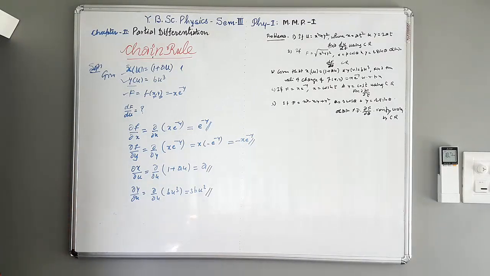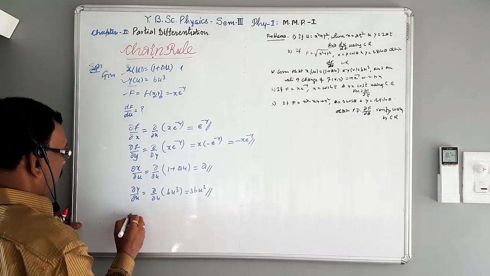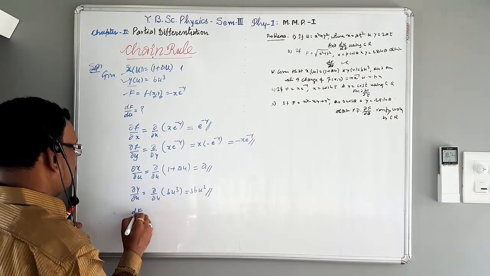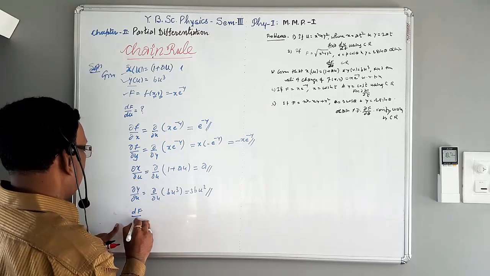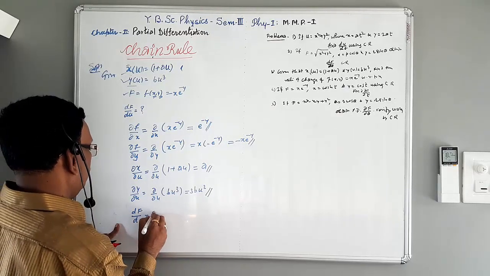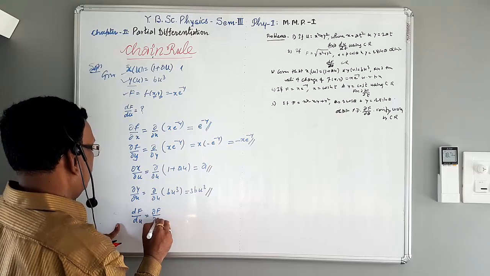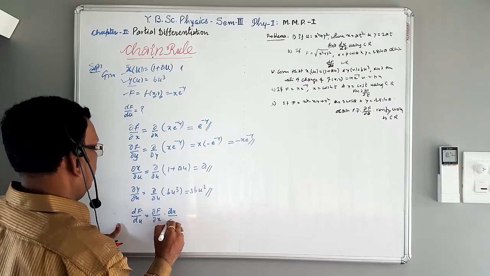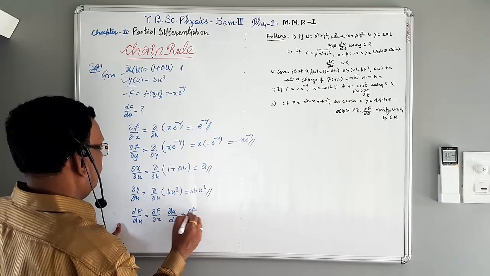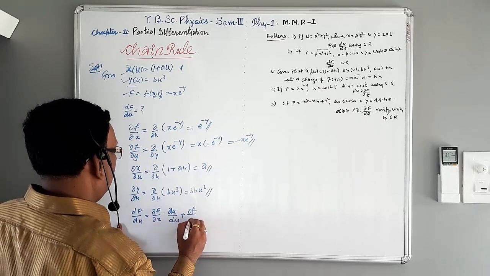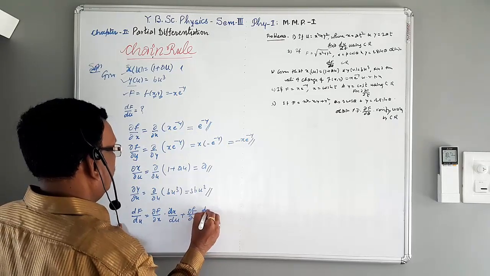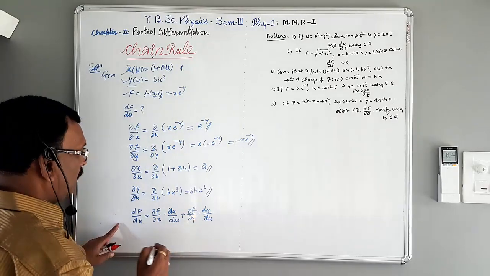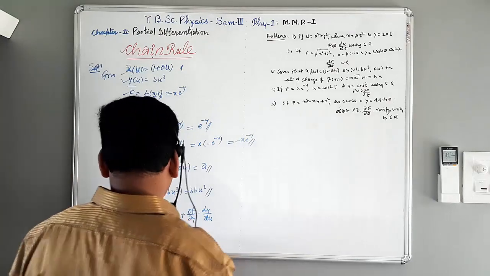And now we are going to write the chain rule. Chain rule is df by du is equal to df by dx into dx by du plus df by dy into dy by du. Then substitute the value of each term.